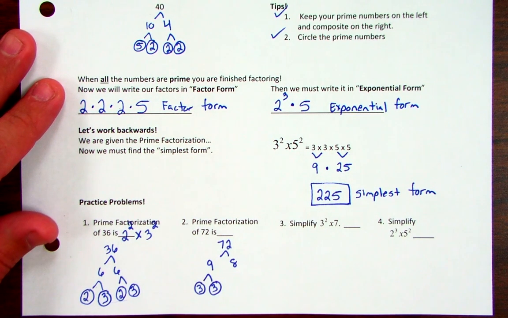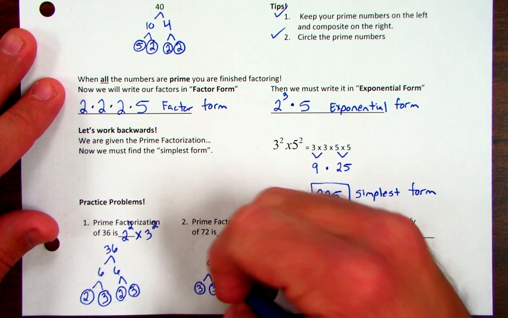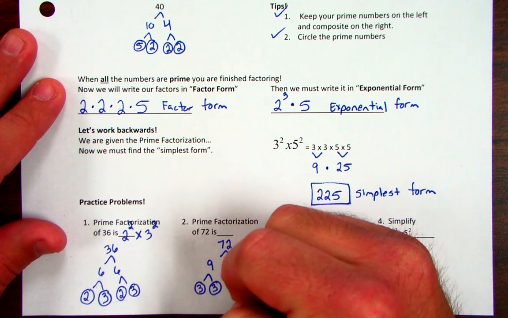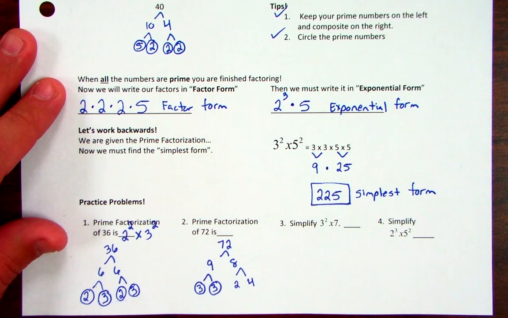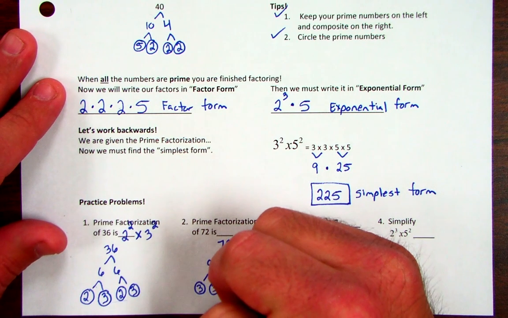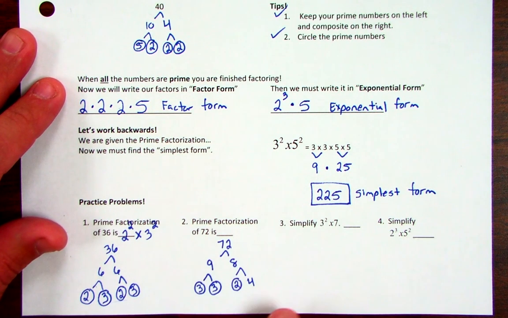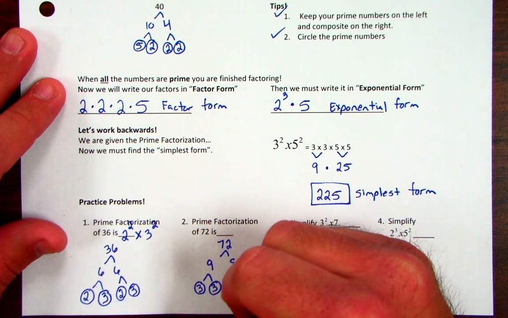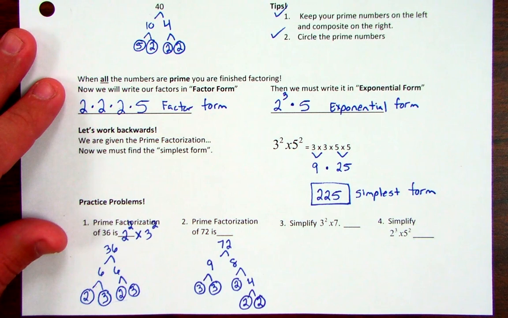Again, 8 is not prime, so factor it out. Well, that would be 2 times 4. Well, look at that. 2 is a prime number, so I'm going to circle it. 4 is still not prime. You got to break it down. So that would be 2 times 2. Now we're all done. Let's put it in exponential form.